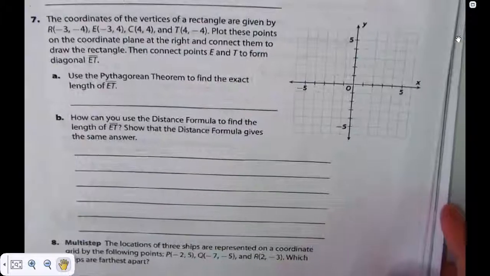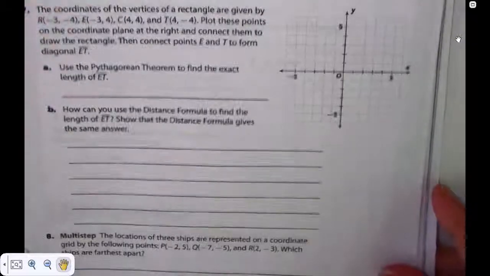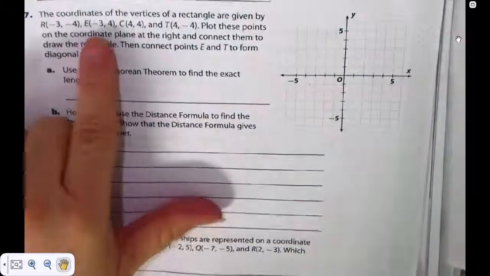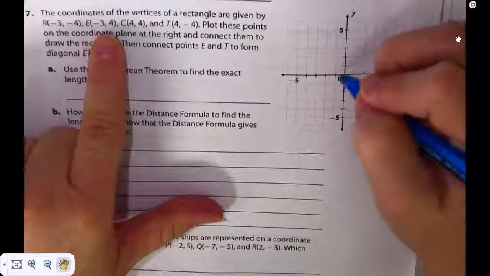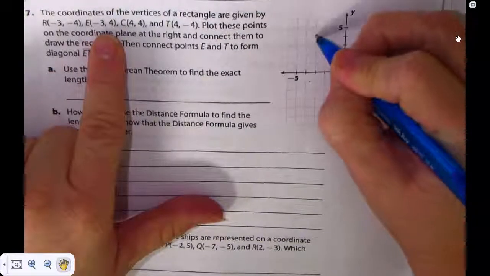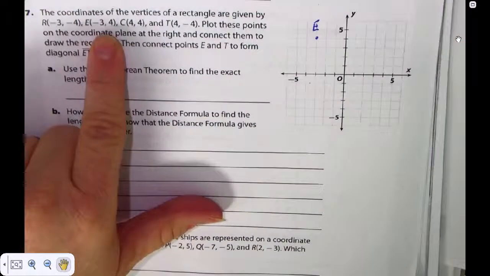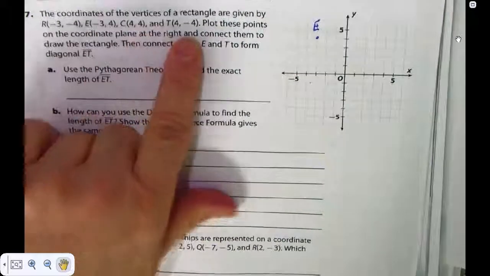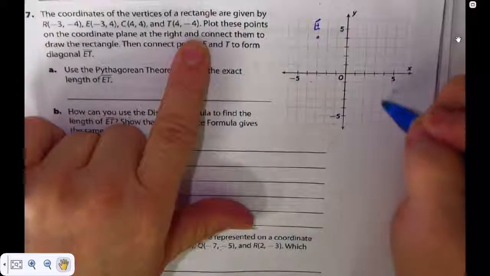Or look on 237. Okay. We're going to change up what they said to do. We're going to put E, which is negative 3, 4. Put E on your grid. Then we're going to put T, 4, negative 4.